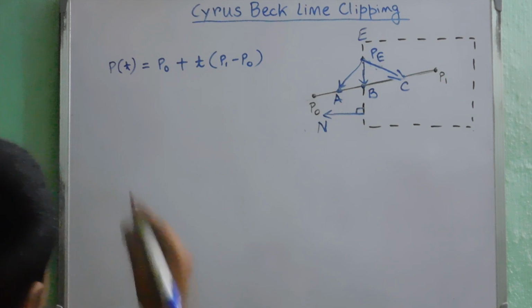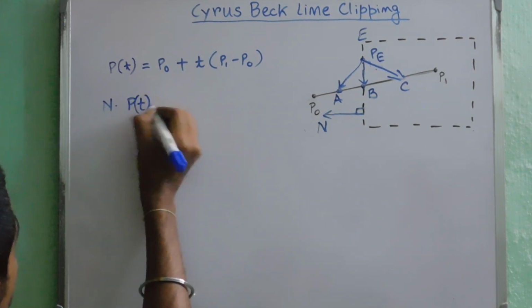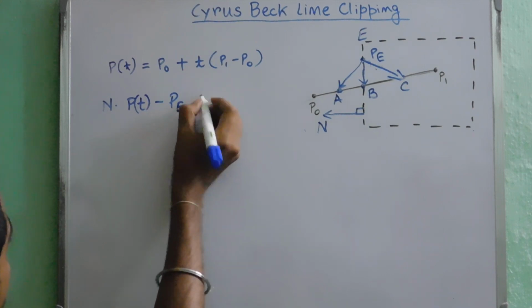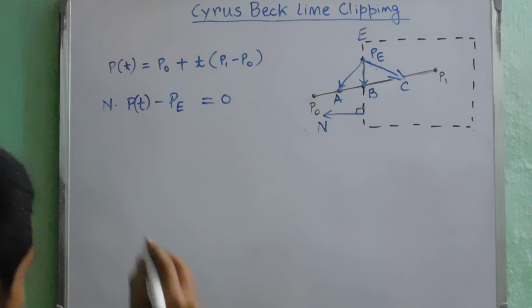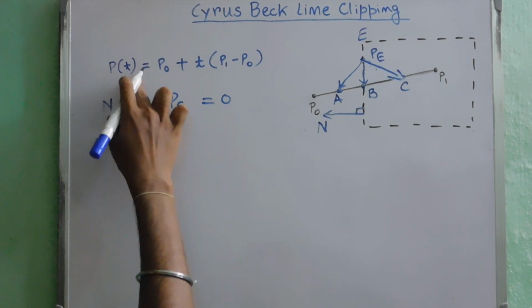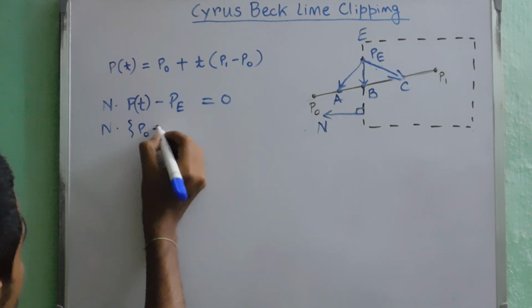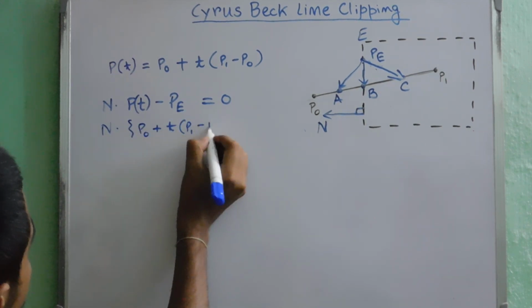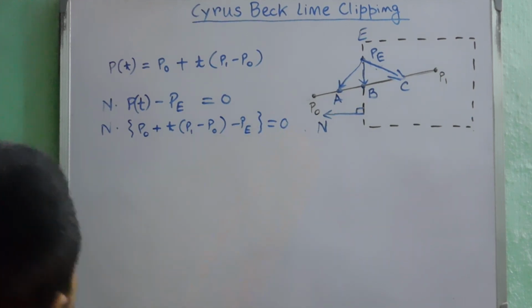At the intersection point, N dot (PT minus PE) is 0. So I will put the value of PT here. So N dot (P0 plus T times (P1 minus P0) minus PE) equals 0.